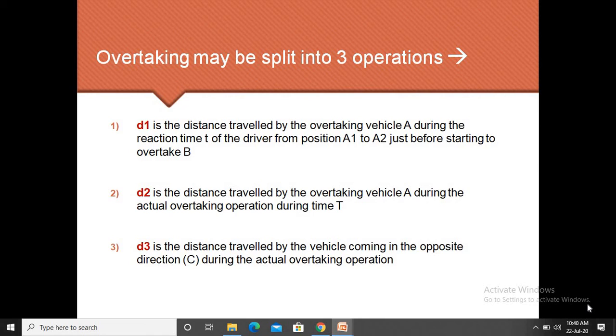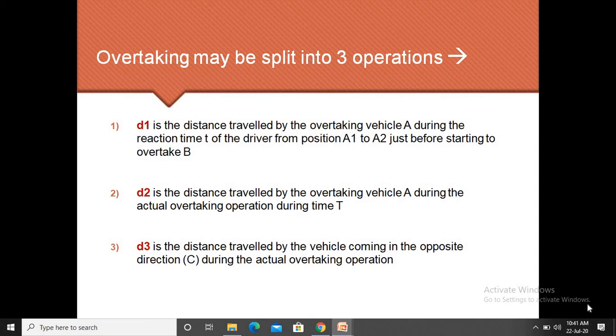So overtaking may be split into three operations. D1 is the distance traveled by the overtaking vehicle A during the reaction time T of the driver, from position A1 to A2, just before starting to overtake B. D2 is the distance traveled by the overtaking vehicle A during the actual overtaking operation during time T. And D3 is the distance traveled by the vehicle coming in the opposite direction during the actual overtaking operation.